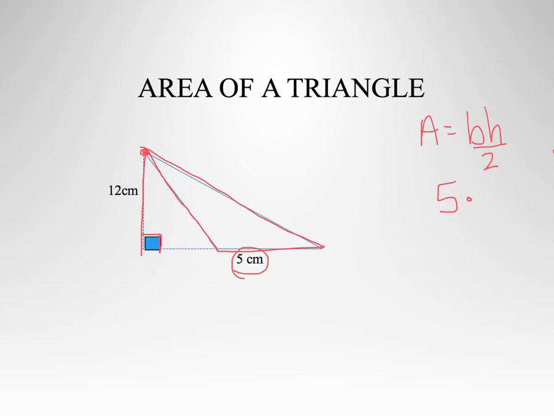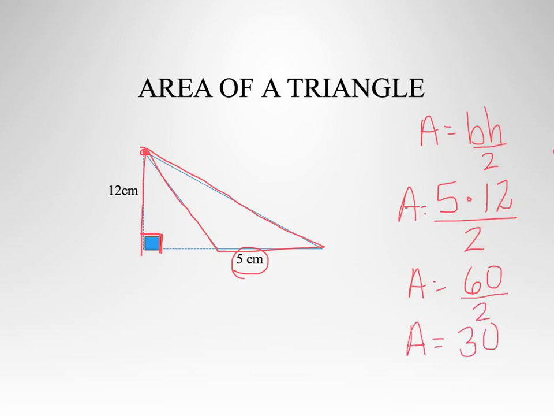And here is our right angle again. So it's going to be 5 times 12. And then you're going to divide it by 2. So the area of this triangle is 5 times 12 divided by 2. 5 times 12 we know is 60. And 60 divided by 2 is going to give us an area of 30 centimeters squared.